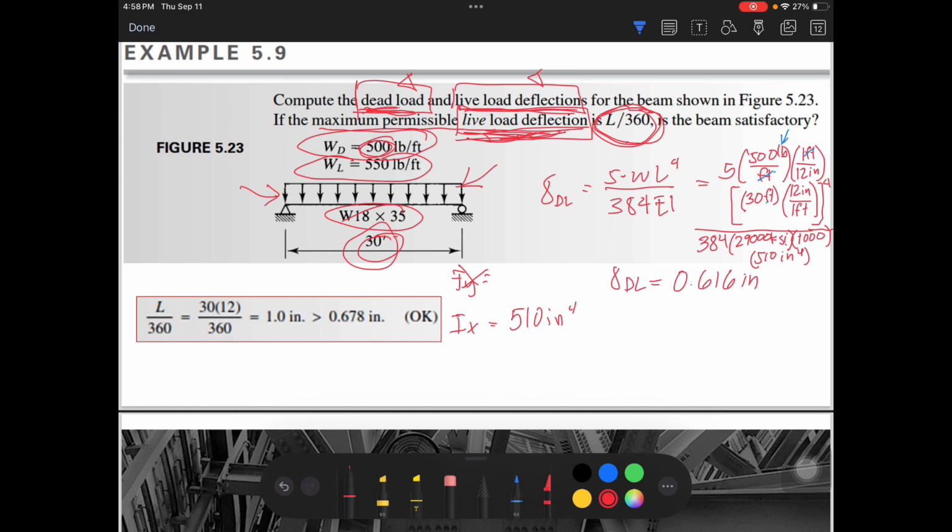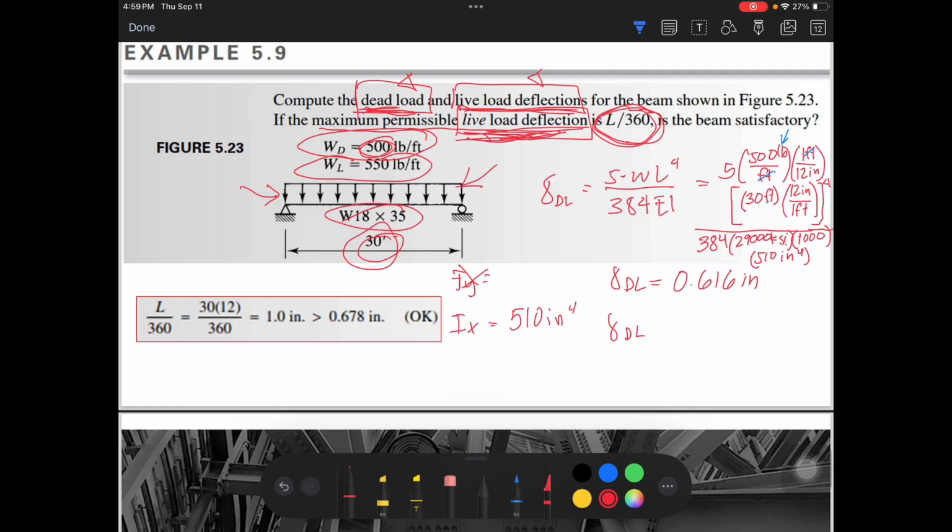Next, deflection due to live load. The same formula lang.